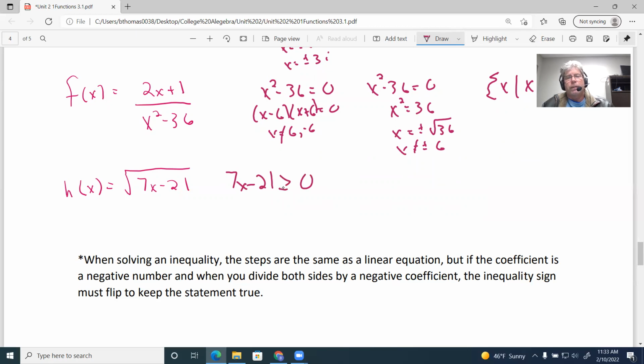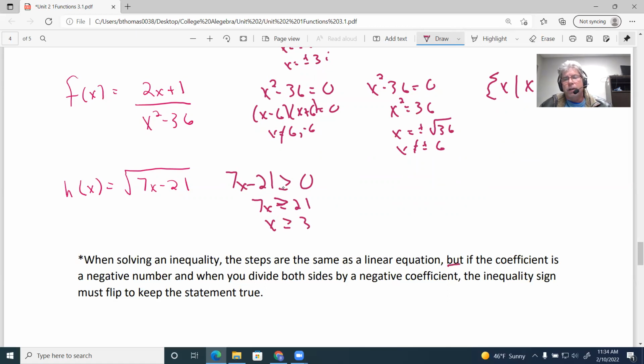What that means is we're looking for non-negative numbers. And so we solve inequalities like we solve equations. So we can add the 21 to both sides, 7x greater than or equal to 21, divide by 7, so x is going to be greater than or equal to 3. One thing to bring to your attention, though, is when solving an inequality, as I said, the steps are the same as linear equations.